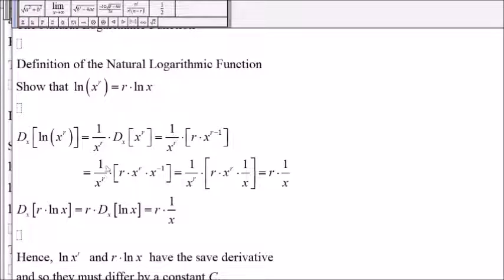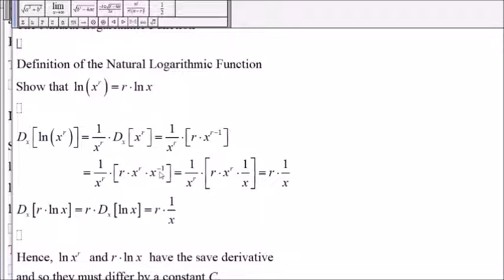And so now we have 1 over x^r, and then r times x^r times x to the negative 1. Recall that to combine, we just add the exponents. And so x^(r-1) is just x^r times x^(-1). But this x^r will cancel out with this x^r.